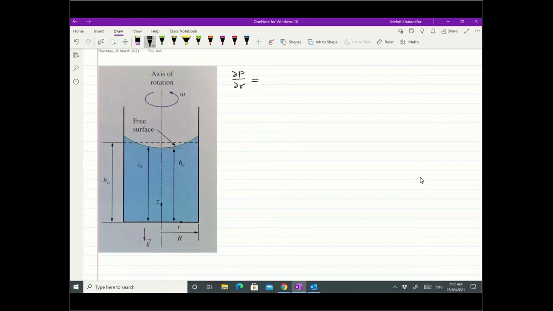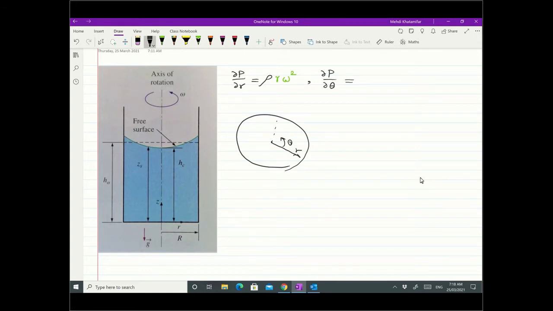It's going to be rho times acceleration. Acceleration for the r direction is going to be r omega square, and the next one was in theta. If I watch the container from top view, this is our r direction and this is going to be our theta direction, so rotating.